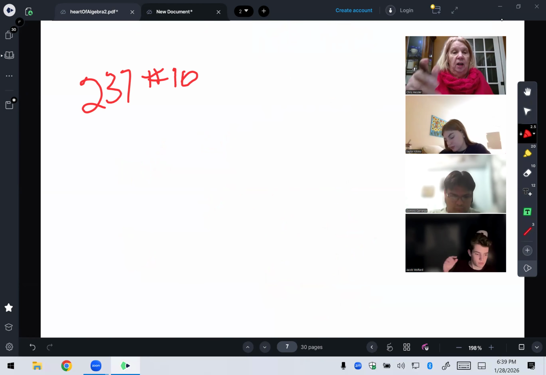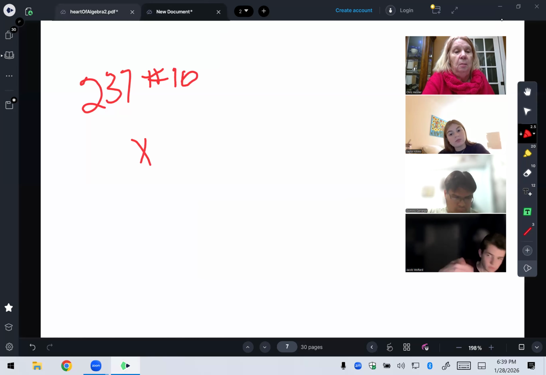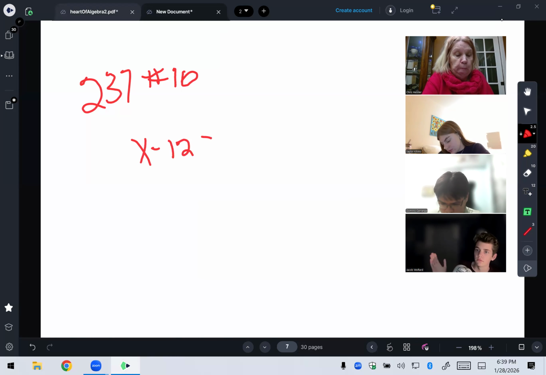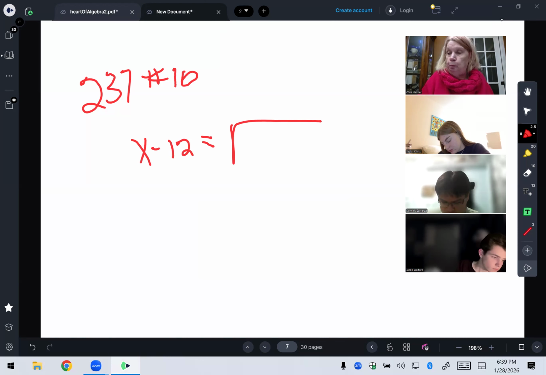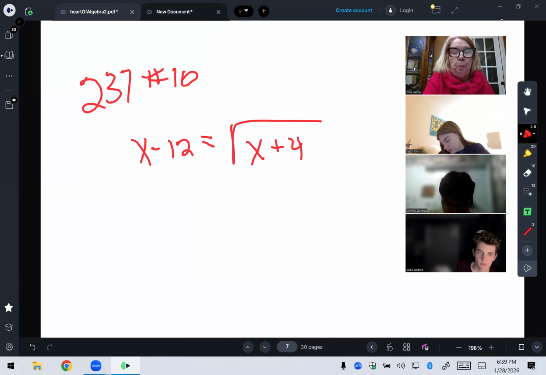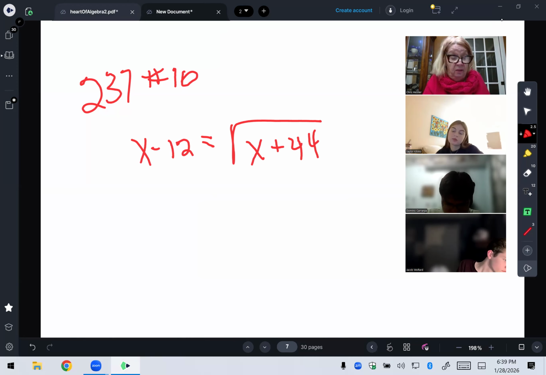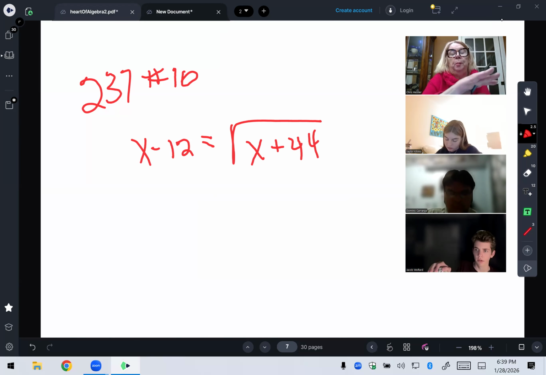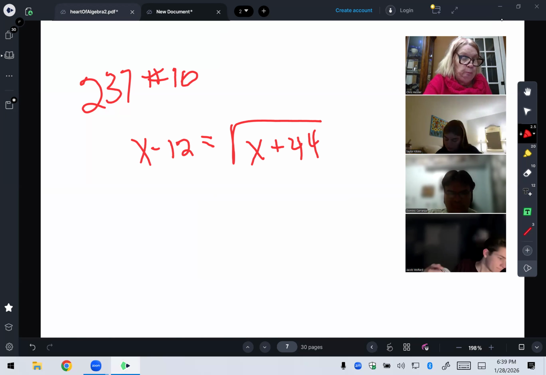So basically here, I have x minus 12 equals the square root of x plus 44. Now, you see how they have you do all this work on the page. Your math teacher would have you square both sides, then see if there are any extraneous solutions.